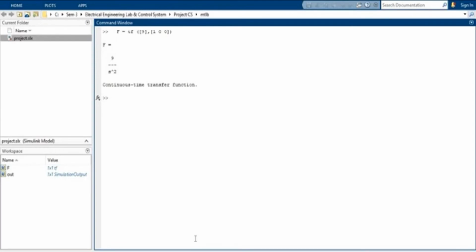To implement the PID controller, first we have to key in KP equal to 0.5, KI, we don't have to put KI, and KD equal to 10, and K equal to PID controller with KP, 0 for KI and KD.